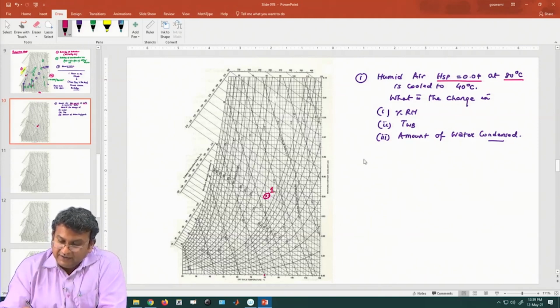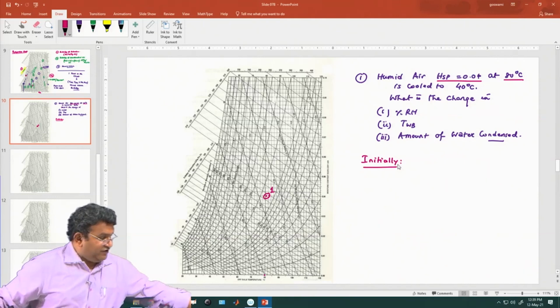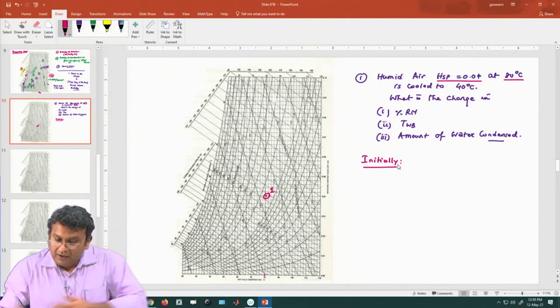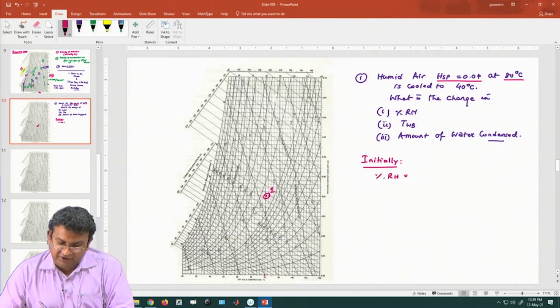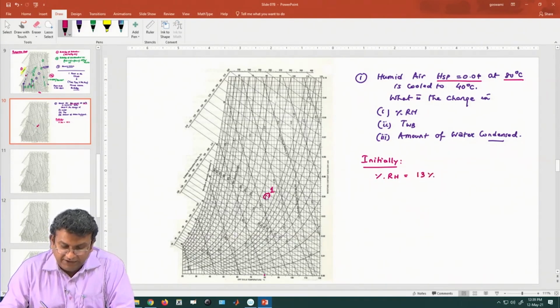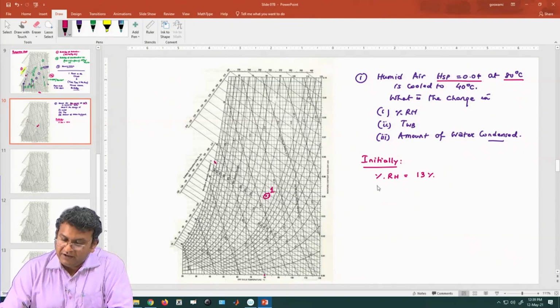So, initially what we have is the percentage RH is somewhere again between 10 and 15%. So, let us say it is about 13%. The wet bulb temperature is somewhere between these two lines. So, it goes and hits here. So, it is 41, 42, 42.5.